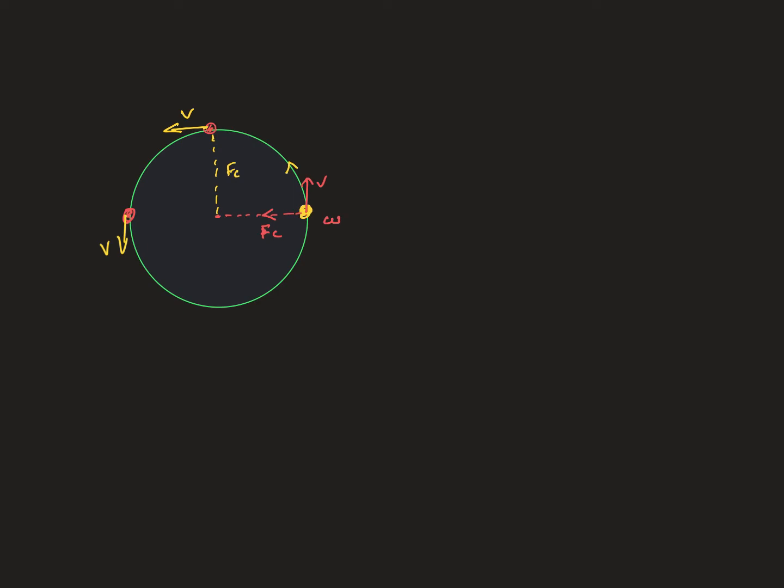So now if we look at Newton's second law, which is Fc is equal to ma, right? So the centripetal force, which is a force, is equal to mass times acceleration. So what is acceleration here?